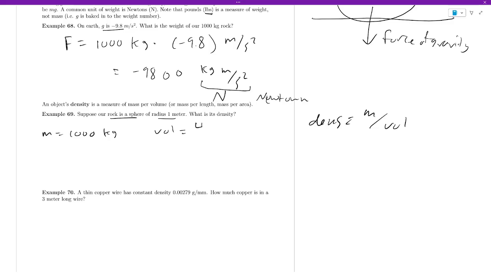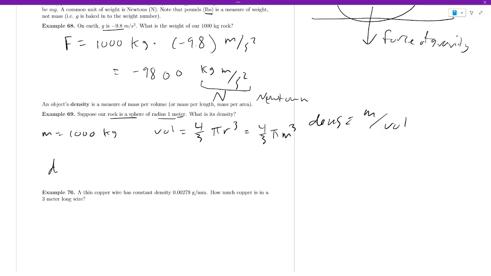You might know that the volume of a sphere is 4/3 pi r cubed, where r is the radius. Again, that's something you could look up if you didn't know. Here, the radius of the sphere is 1, so we're just going to get 4/3 pi. That's my volume. Since the radius was given in meters, I probably want to say meters cubed, so cubic meters.